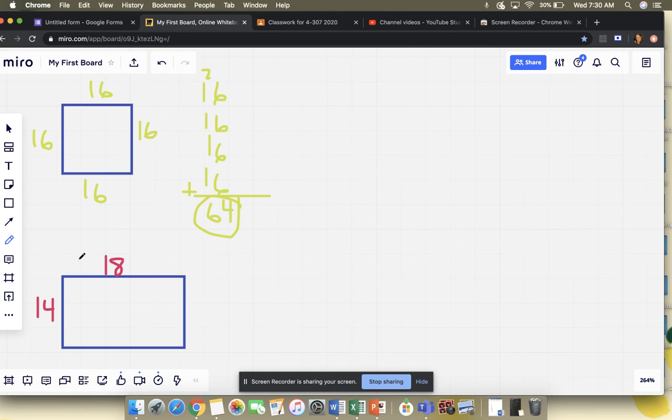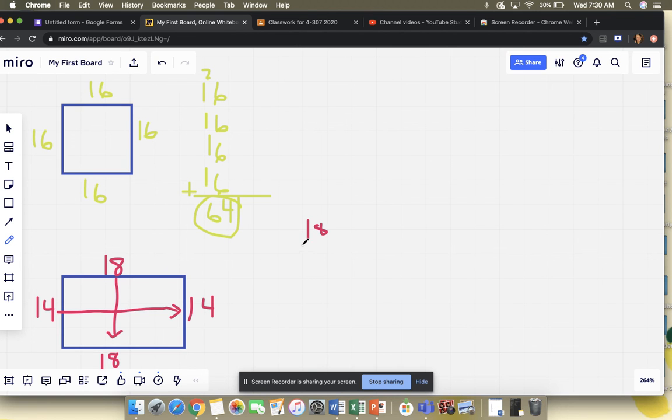Nope. We got to do the whole thing. Well, this side and this side are the same. So this one must also be 14. They're across from each other, and they look the same. And this side looks the same. They're a rectangle. They're across from each other. So I'm going to do this, 18. See? I just bring it down and bring it across. Now I can do it.